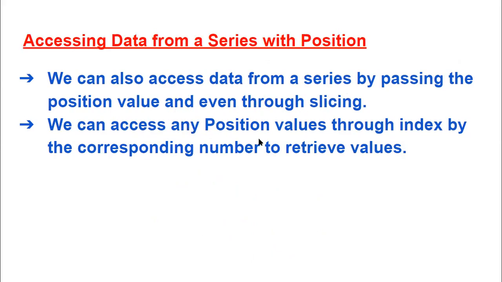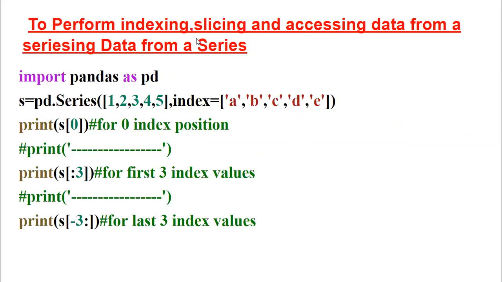We can access any position value through the index by the corresponding number to retrieve the values. To perform indexing, slicing and accessing data from a series, you can see this example now.